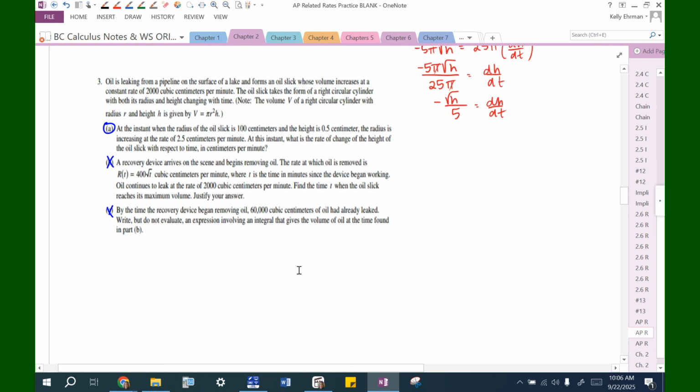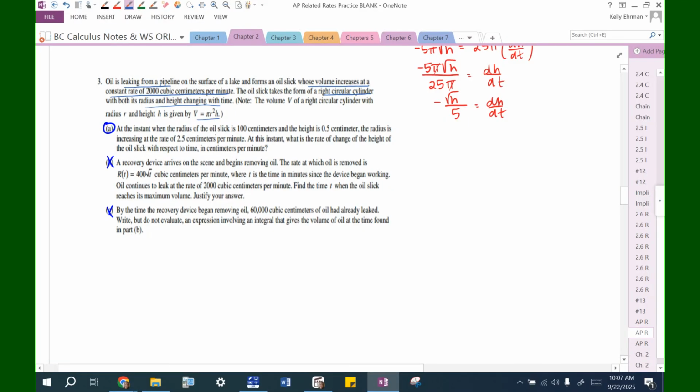All right, number 3. No picture for this one. Oil is leaking from a pipeline on the surface of a lake and forms an oil slick whose volume increases at a constant rate of 2,000 cubic centimeters per minute. The oil slick forms a right circular cylinder, of course it does, with both radius and height changing with time. Okay, so they're giving us a volume formula.